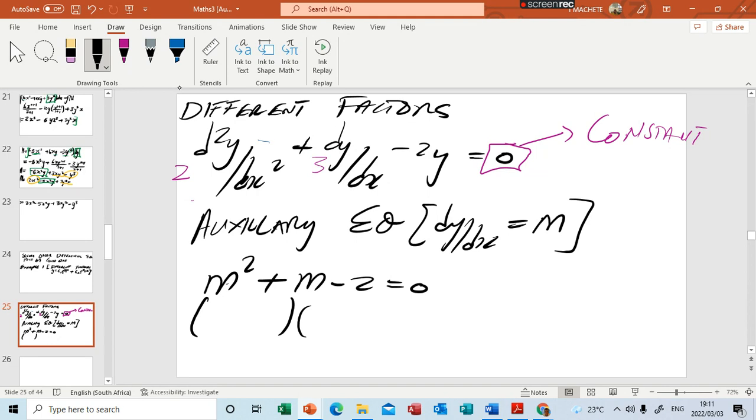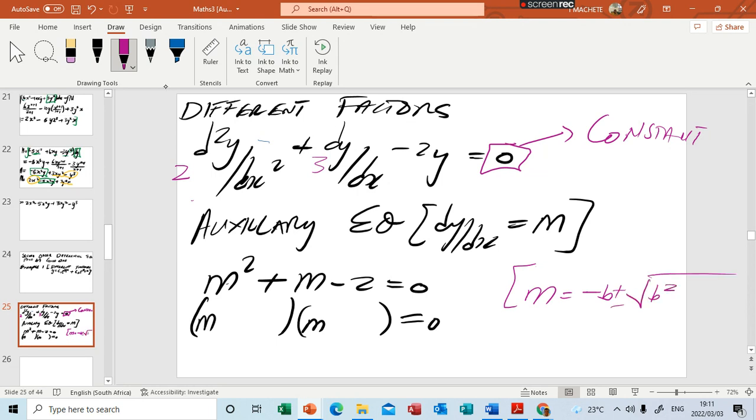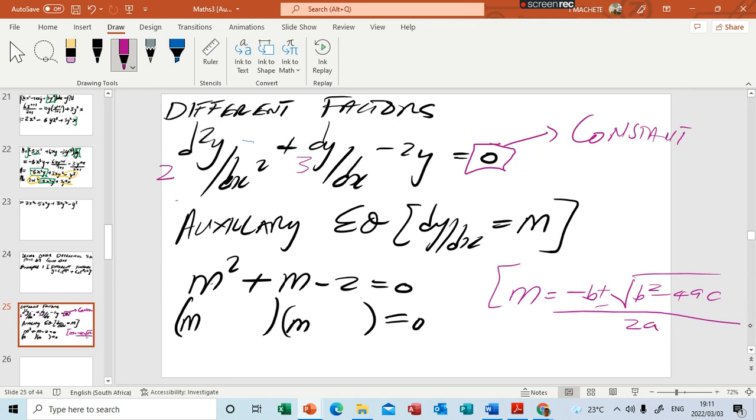So you need to find the factors of this m. So you're gonna have m. If you don't know how to find the factors of this, or you want to find factors using the easiest method, this is a method. It's a quadratic equation. You're going to say m equals minus b plus or minus root b squared minus 4ac over 2a.